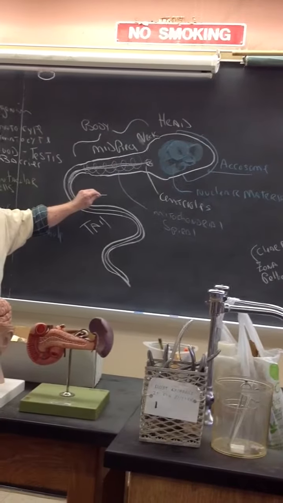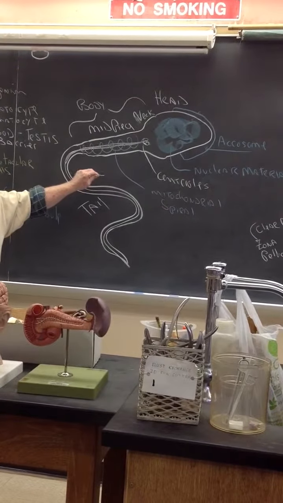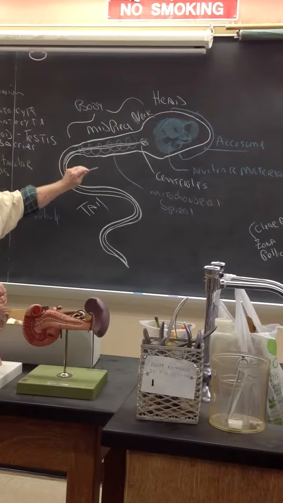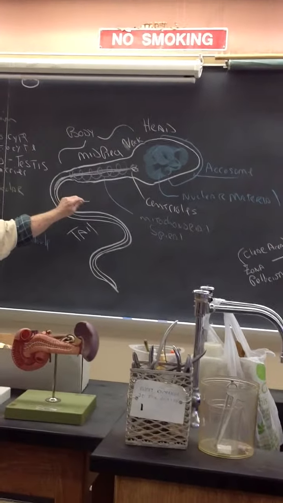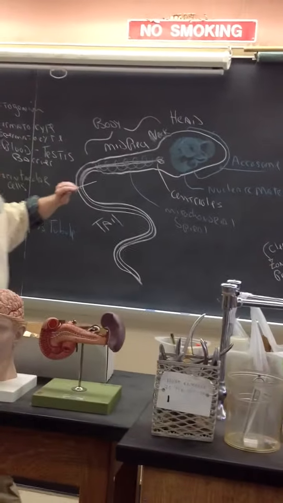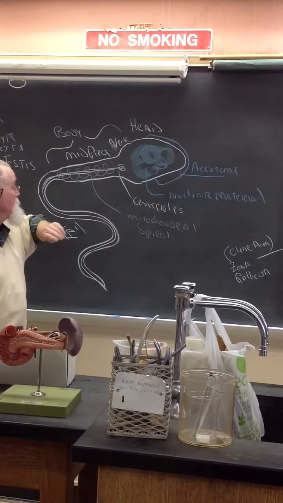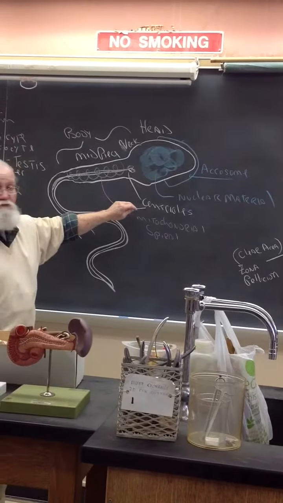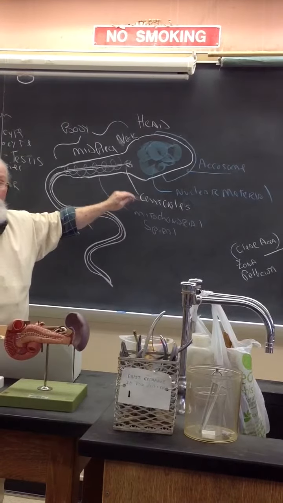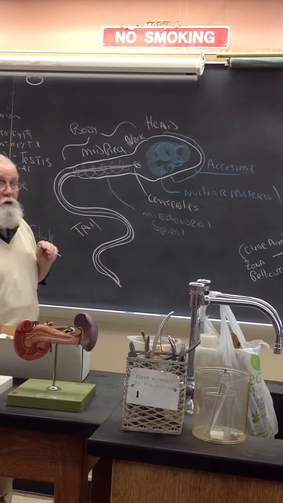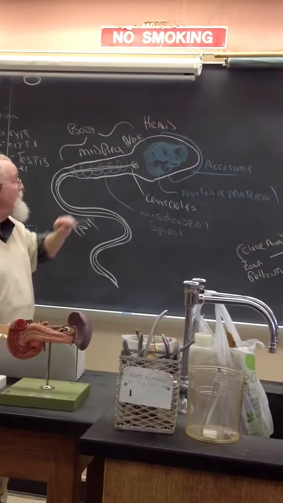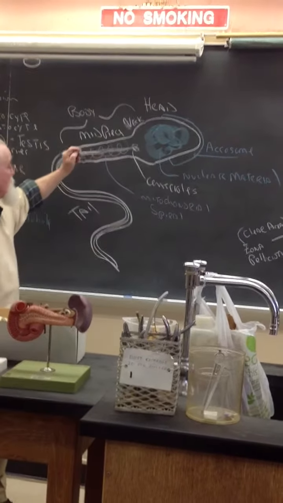Spermatogenesis is the formation of a sperm, and this is a highly specialized cell. It has mostly nuclear material. The remnants of the centrioles, the spindle that pulled half of the nuclear material apart, giving it half the number of chromosomes.